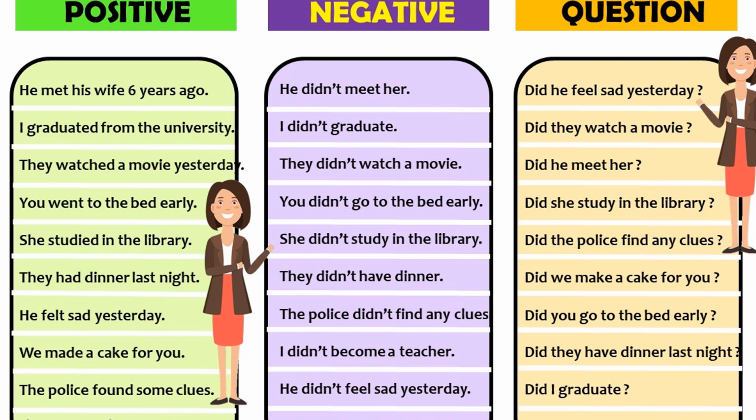Fourth one, you went to bed early. Fifth one, she studied in the library. The sixth one, they had dinner last night. The seventh one, he felt sad yesterday. Eighth one, we made a cupcake for you. And the last one, the police found some clues.